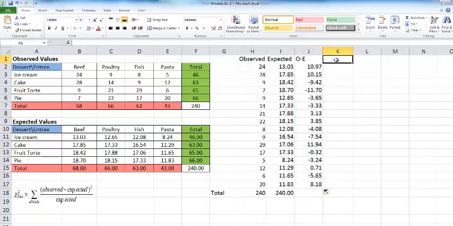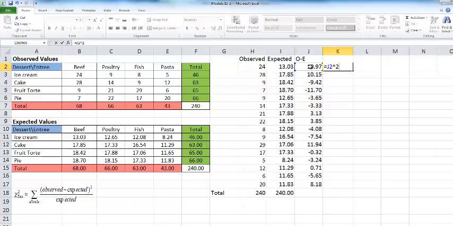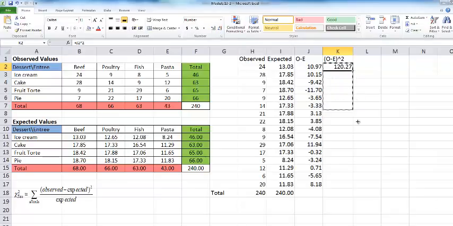And the next column, within parentheses, O minus E squared. So another simple formula, J2 caret 2, squared. If it doesn't fit, let's just reduce the number of decimals, 2 decimals, and then copy this.